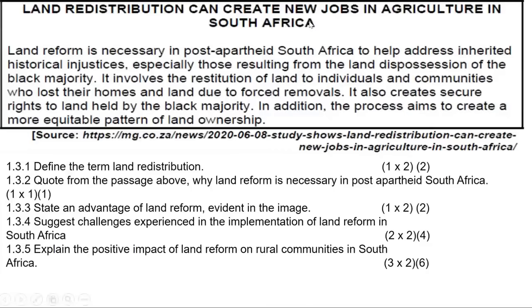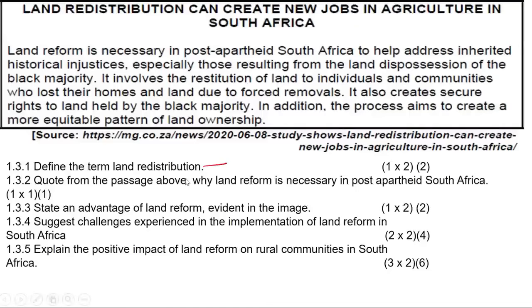Define. Now this is what you went through when you were writing your prelim examination. This comes from the Gauteng one. Define the term land redistribution. We have already defined this concept. We said it is when land is given to previously disadvantaged people for farming purposes and for residential.